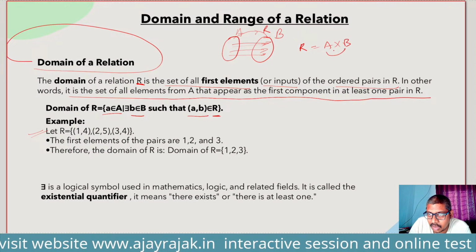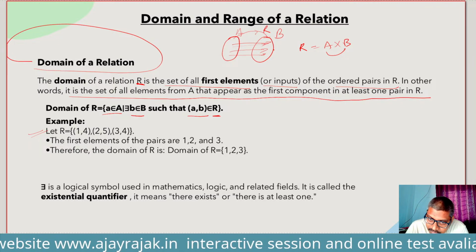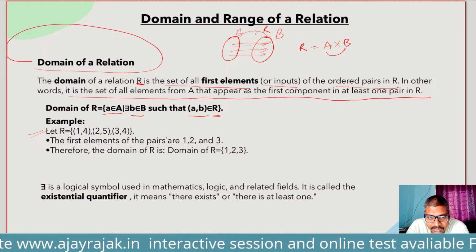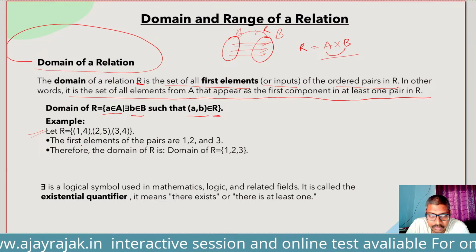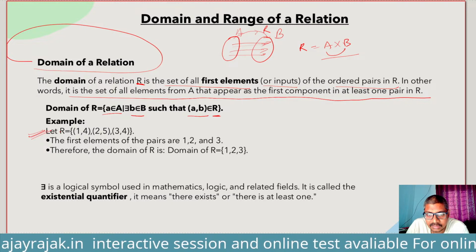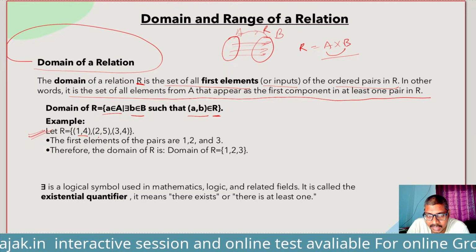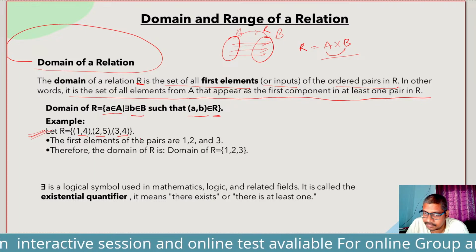So this relation is defined by A cross B, and how this Cartesian product functions in the sets A and B depends on what conditions there are. Here we will take only relations and try to understand the domain. Suppose we have a relation with ordered pairs (1, 4), (2, 5) and (3, 4).